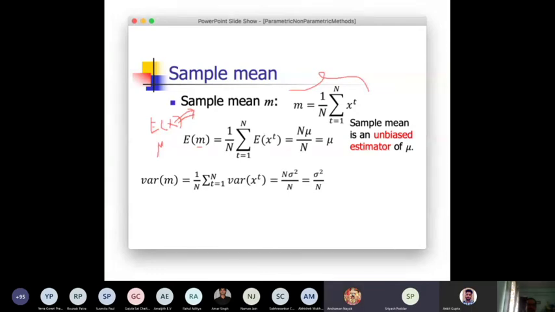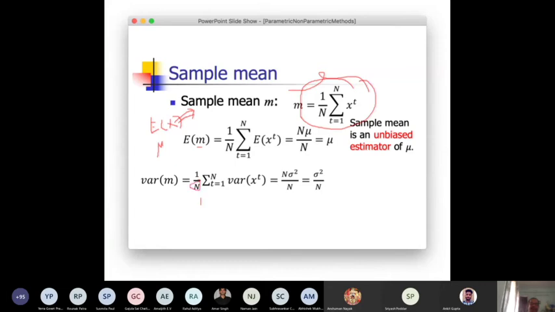Sir, here the denominator will be 1 by N square, because initially we put it as variance of summation of x_t by N. So when we take out the N outside, it will become 1 by N square. Right. You are right. So variance of this quantity, naturally this 1 by N, here it would be 1 by N square.